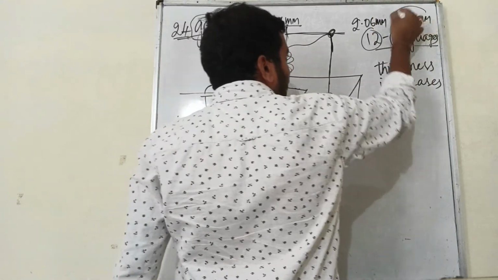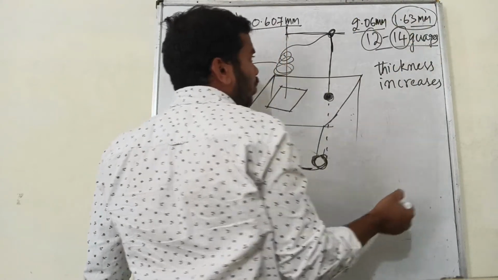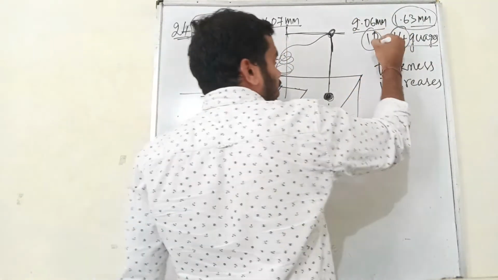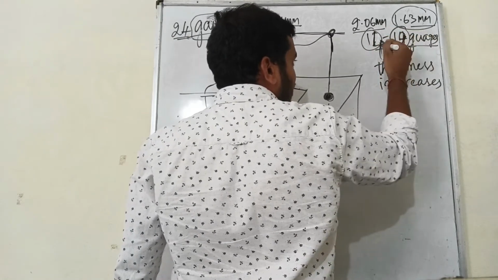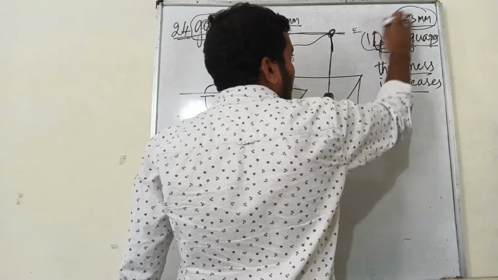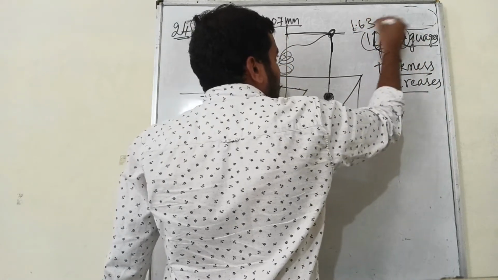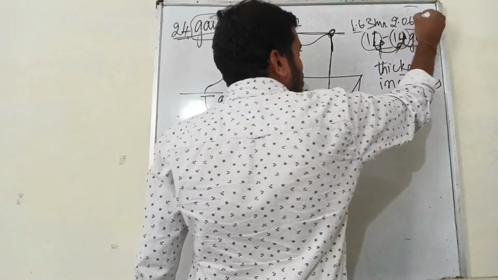Generally it would be from 1.63 mm to 2.06 mm. As the gauge number decreases, the thickness increases. You can see here it would be 1.63 mm, and it is 2.06 mm thickness of wire.